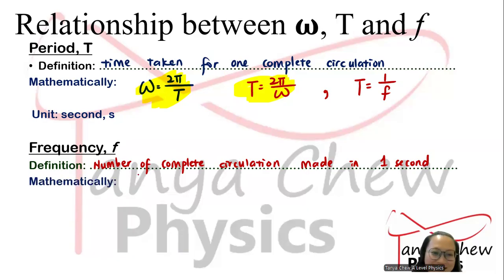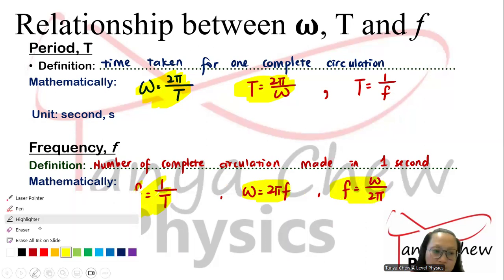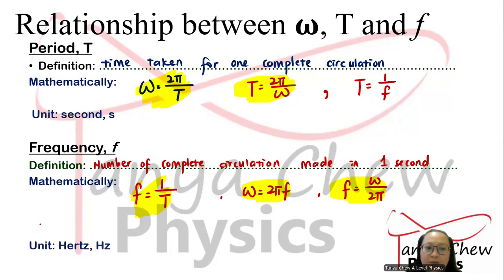Mathematically, frequency is the reciprocal of period. Frequency is 1 over period. In other words, omega is equal to 2 pi f. Therefore, frequency is equal to omega over 2 pi. All these are relationships between period, frequency, and angular speed. Angular speed can sometimes be called angular velocity. It means the same thing. The unit of frequency is hertz, or Hz.